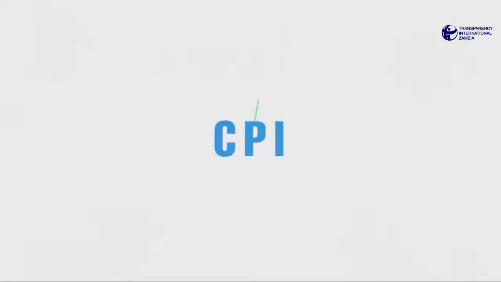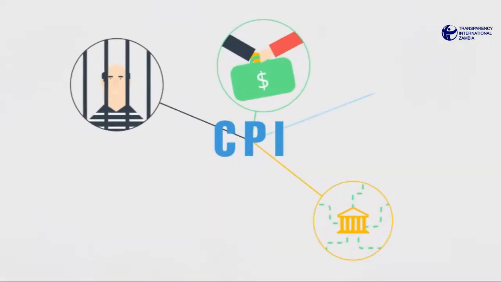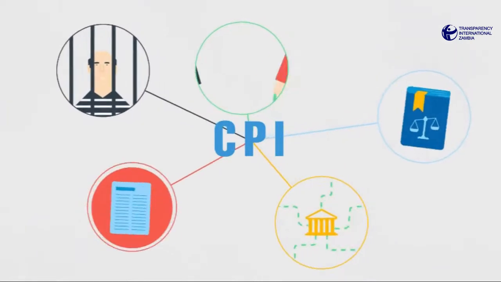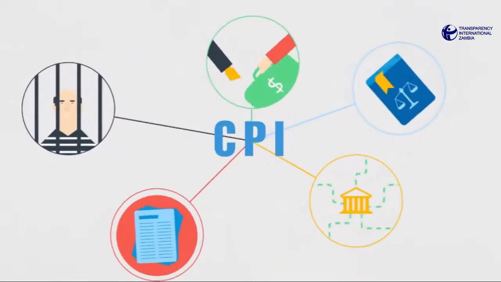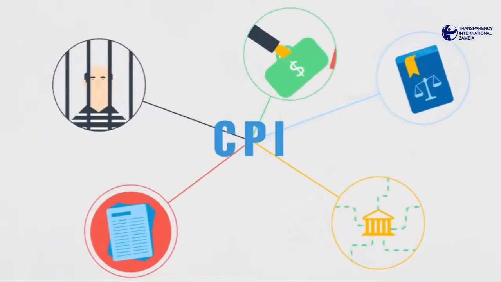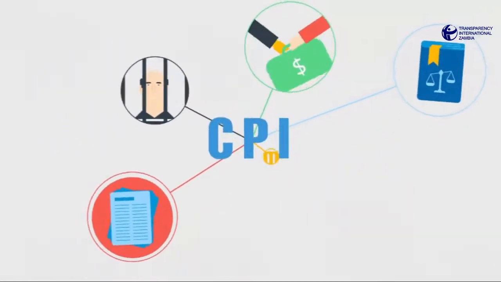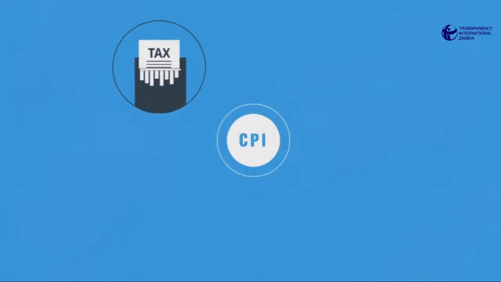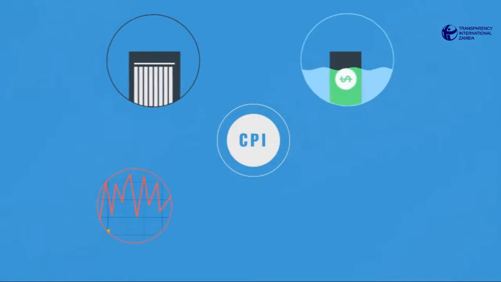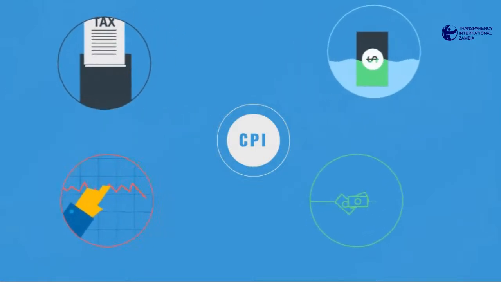This ranges from bribery, the diversion of public funds, and the effective prosecution of corruption cases, to adequate legal frameworks, access to information, and legal protections for whistleblowers, journalists, and investigators. The CPI does not measure activities such as tax fraud, money laundering, financial secrecy, or illicit flows of money.